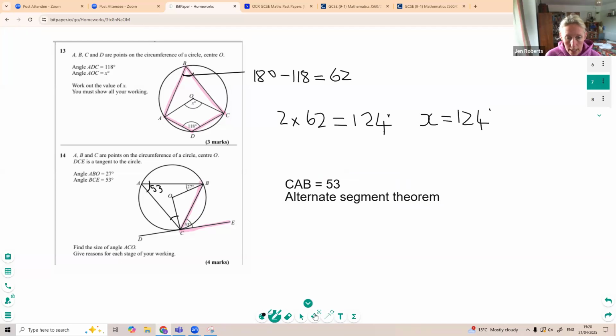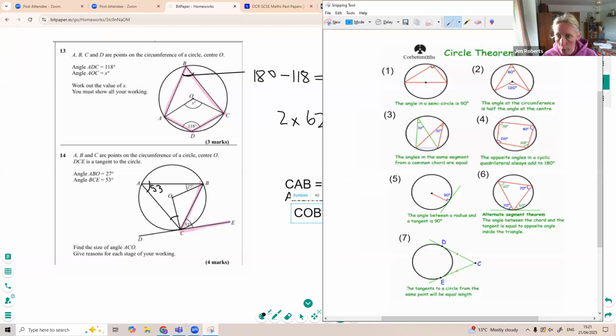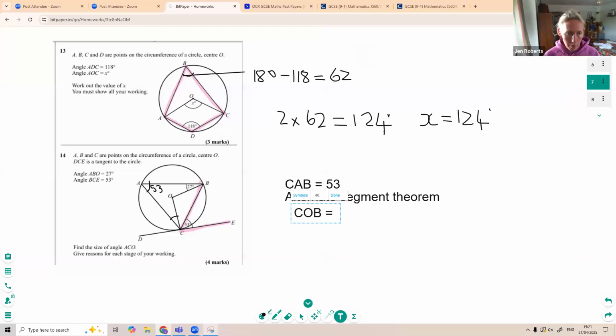And then I can say COB. Here we have circle theorem number 2. The angle at the centre is double the angle at the circumference, so double 53 is 106.